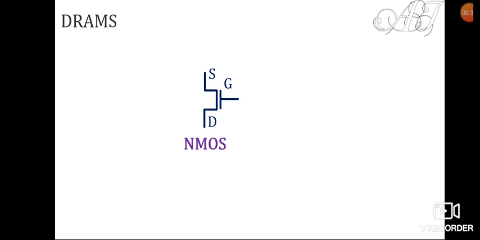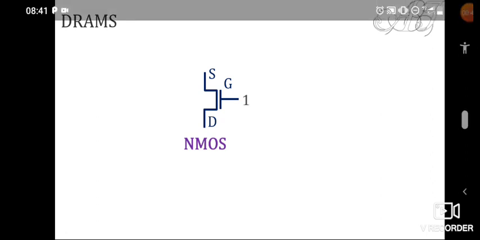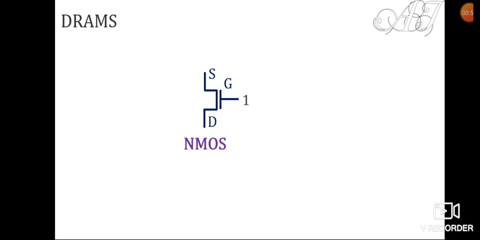Okay. So for understanding DRAMs, let's first quickly recall NMOS. That's on your screen, and NMOS is a transistor. It has three terminals: source, gate, and drain. If you provide 1 at its gate terminal, then it will be turned on, and if it is turned on, then the source will be connected to the drain, or you can say it will be short circuited.